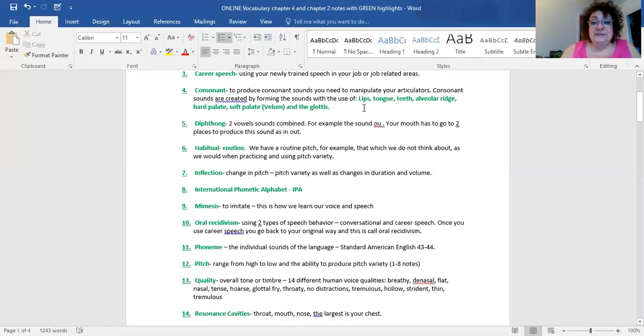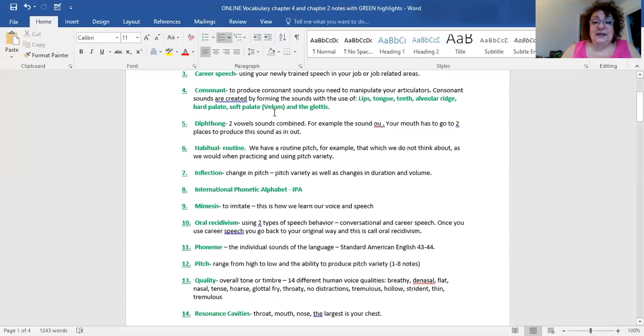There are lips, our tongue, our teeth, alveolar ridge, which is the front portion of the roof of the mouth, the hard palate, which is the middle bony region of the palate of your mouth, the roof of your mouth, and the soft palate, which is all the way back, the farthest portion of the roof of the mouth.